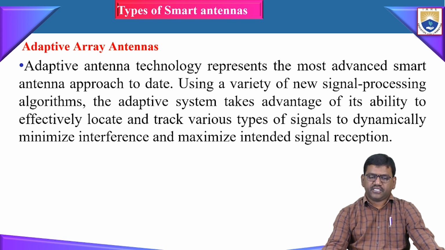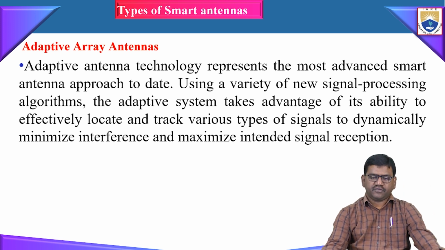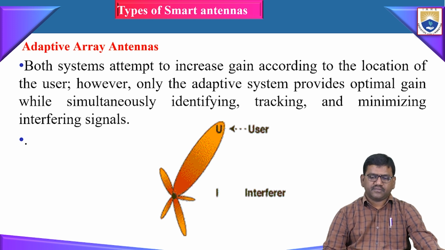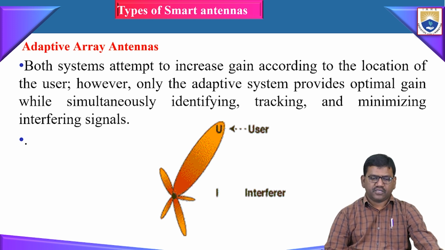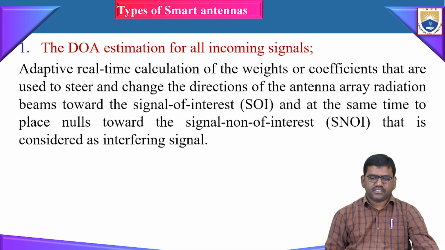Using a variety of new signal processing algorithms, the adaptive system takes advantage of its ability to effectively locate and track various types of signals to dynamically minimize interference and maximize intended signal reception. So both systems attempt to increase the gain according to the location of the user. So this is the DOA estimation of all the signals.